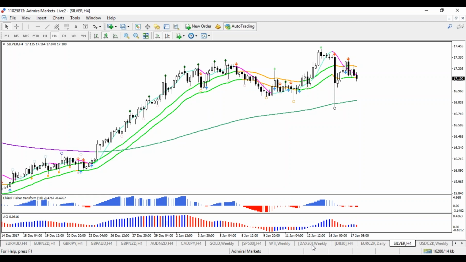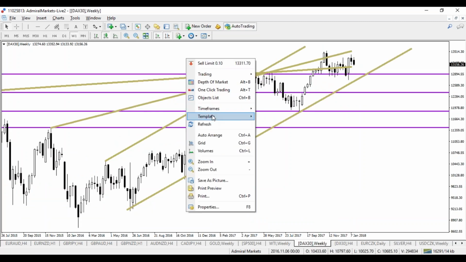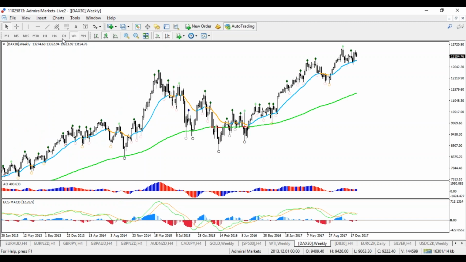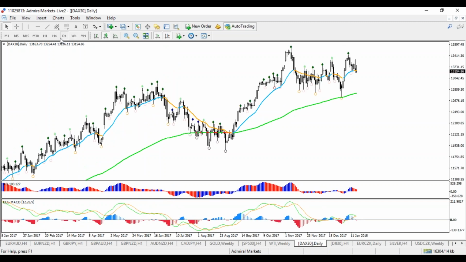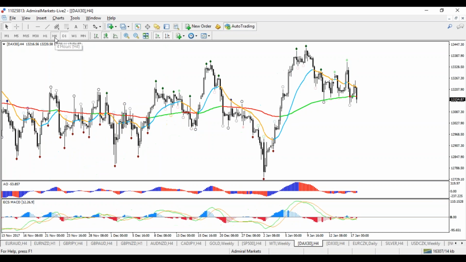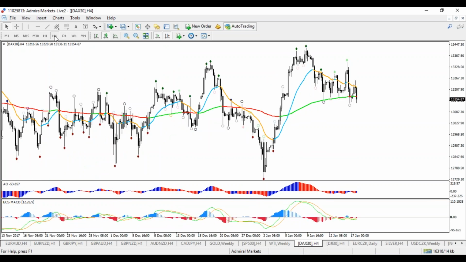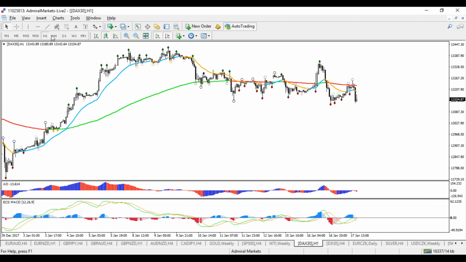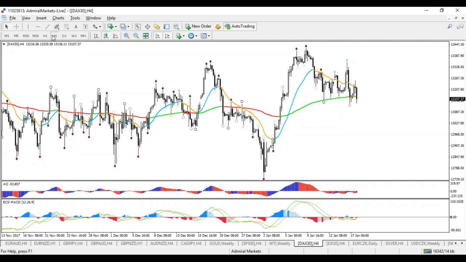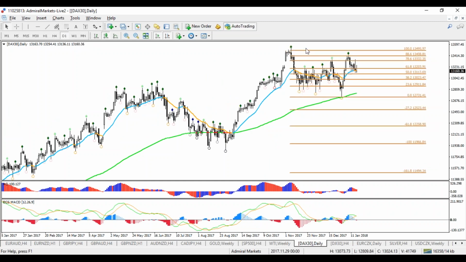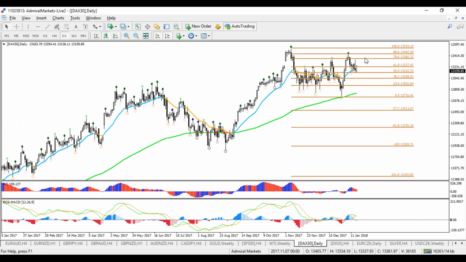Let's take a look at DAX, something different. It's a little bit difficult structure at this moment. It is failing to break this high, so 88.6 fib.